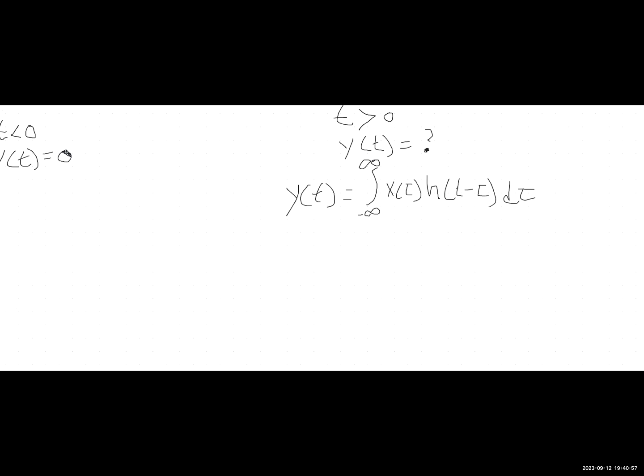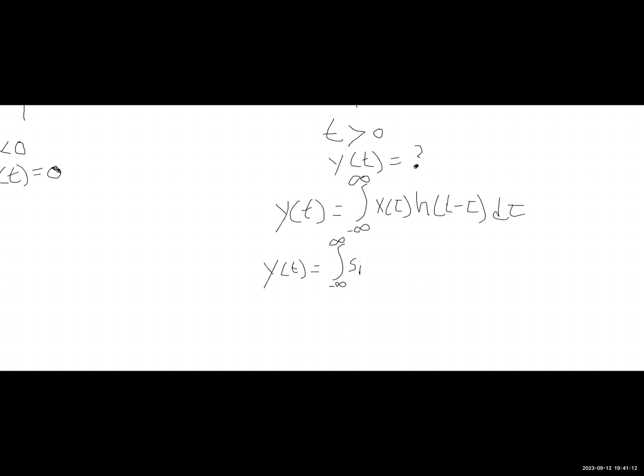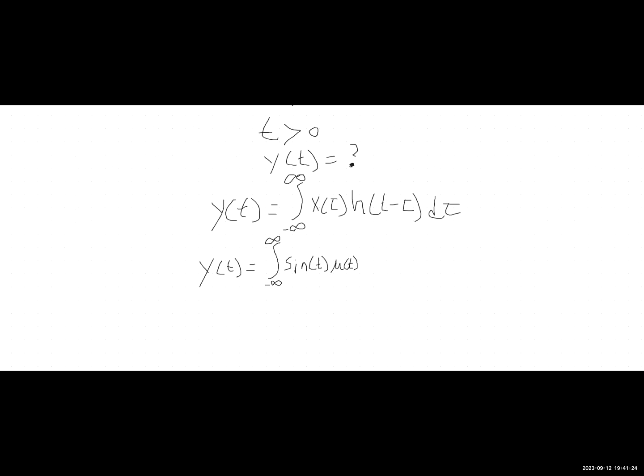So in this form, we're going to get y of t is equal to integral from negative infinity to positive infinity, and our x of t is sine of t, u of t, and our h of t minus tau is going to be equal to e to the negative 3 t minus tau, u of t minus tau, d tau. Let me double check that this is right.